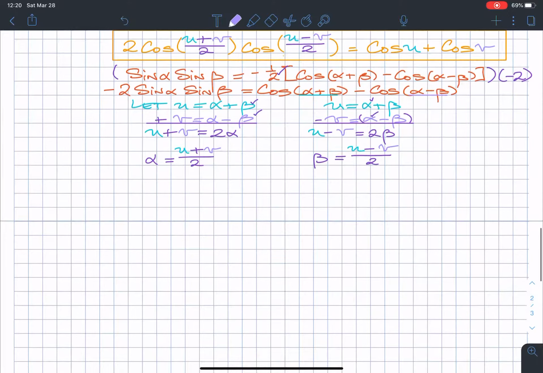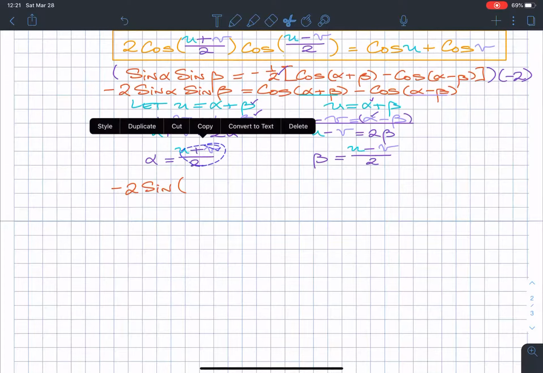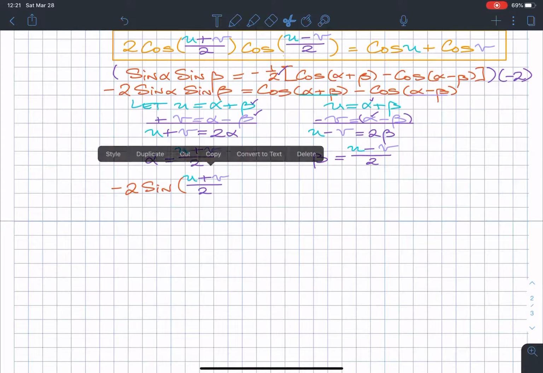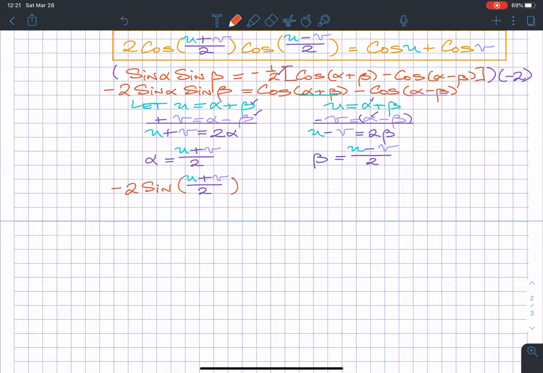So plugging back into the formula, I have negative 2 sine of alpha. Well, what is alpha? It's this whole u plus v divided by 2, times sine of beta. Well, what was beta? It's u minus v divided by 2.